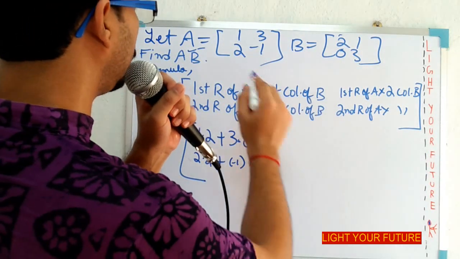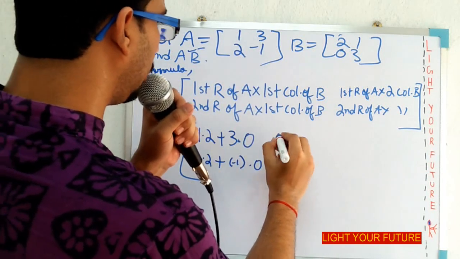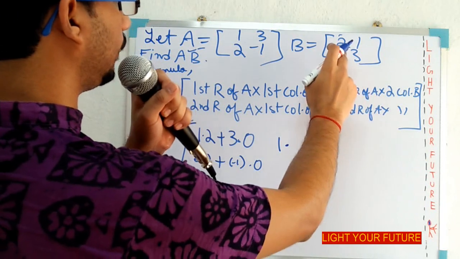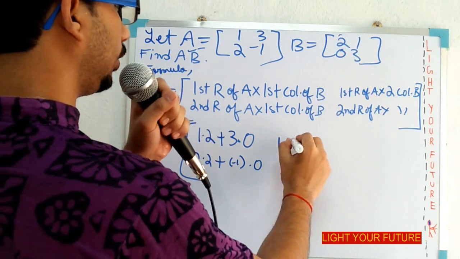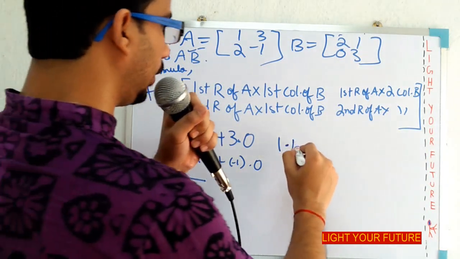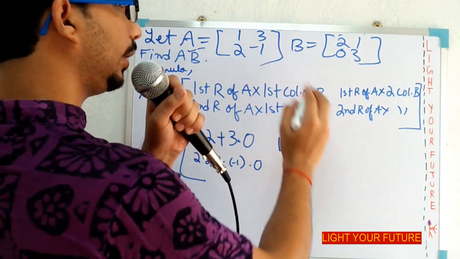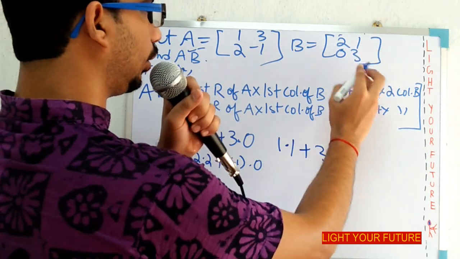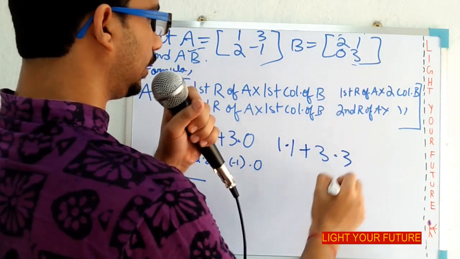Similarly, we will take first row of A, that is 1 over here, and we will multiply it with the second column of B, which means 1. This 1 we will take over here, and then in the same way we will take again 3 and multiply it with this second column of B, that is 3.